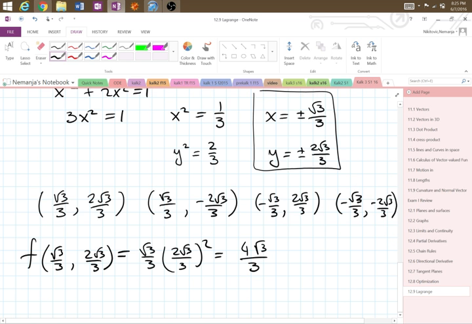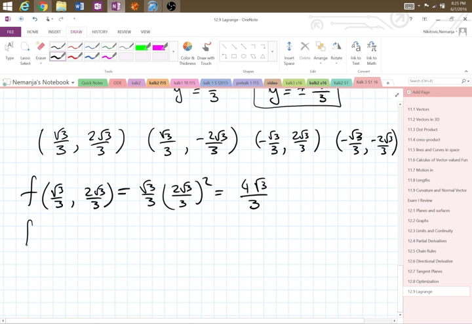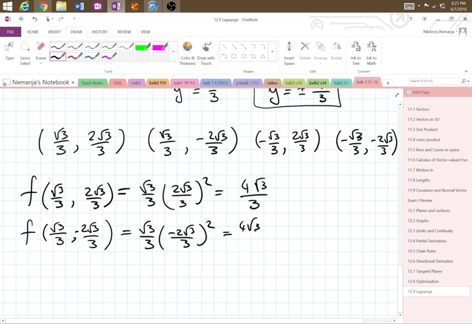And observe that since y is squared, when you square a negative, it becomes a positive, which is again 4 root 3 over 3.